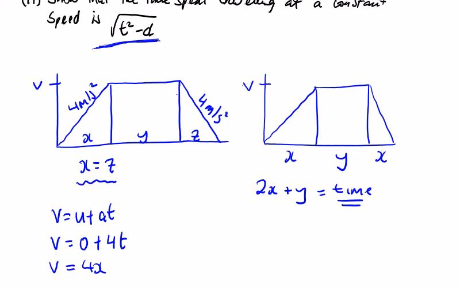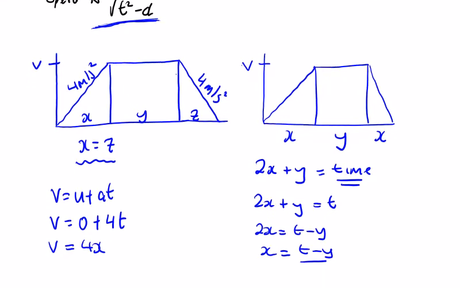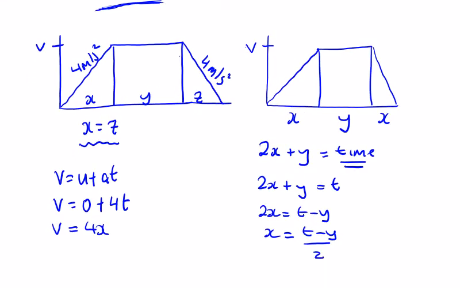I need to get t into my velocity. 2x plus y is equal to the time taken. So if I want to get x on its own, 2x is equal to t minus y. So x is equal to t minus y over 2. Now that helps me over here.